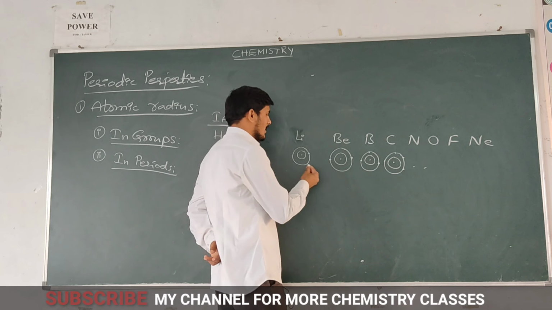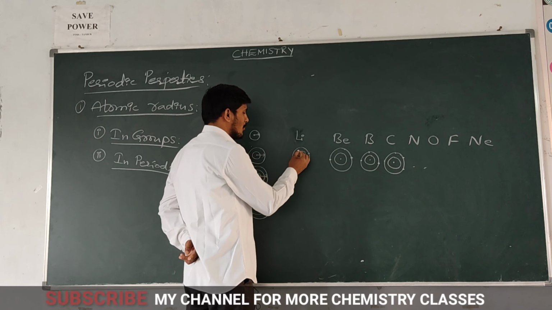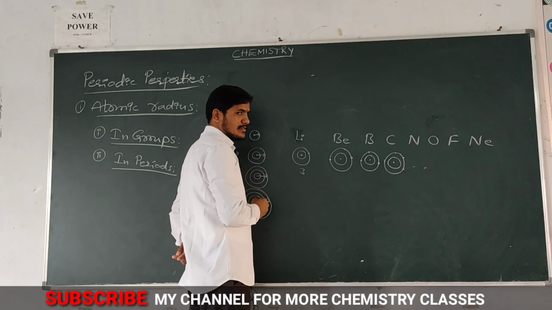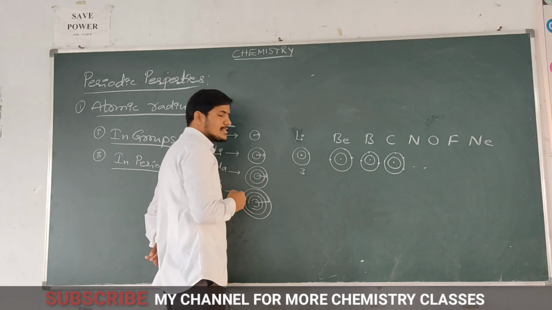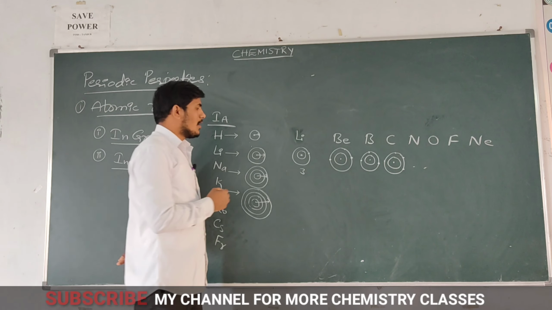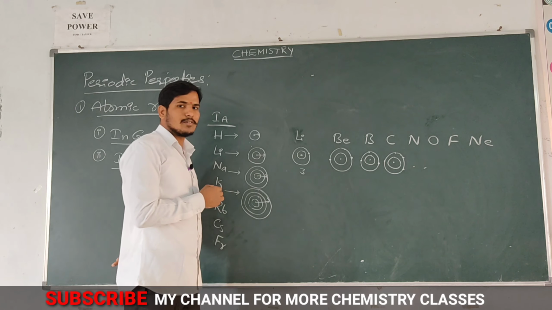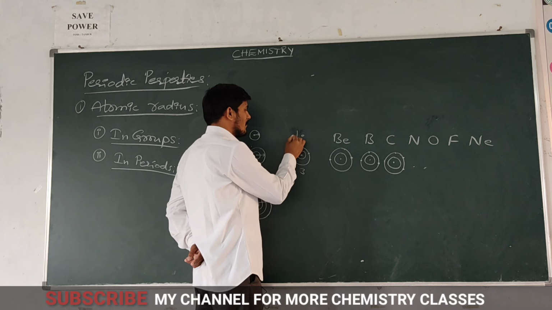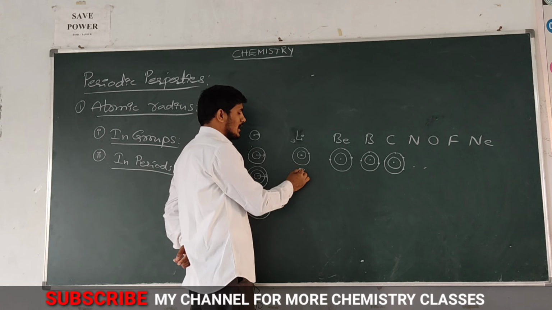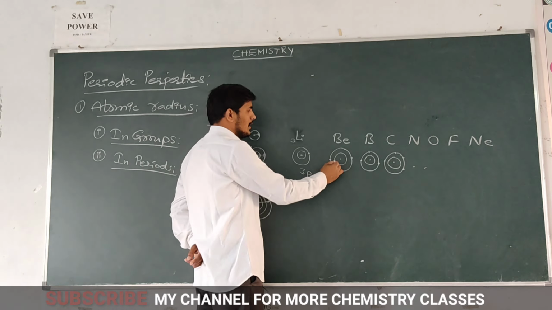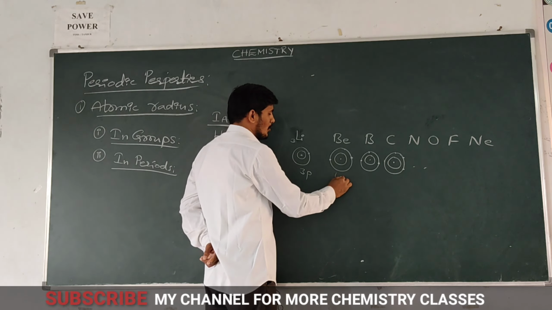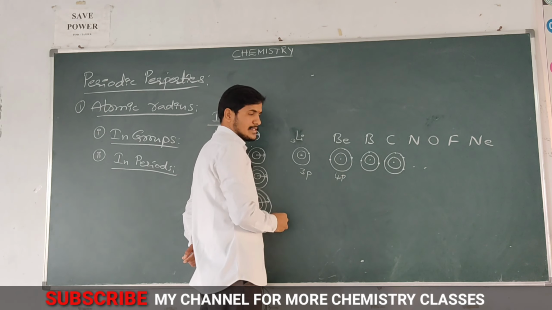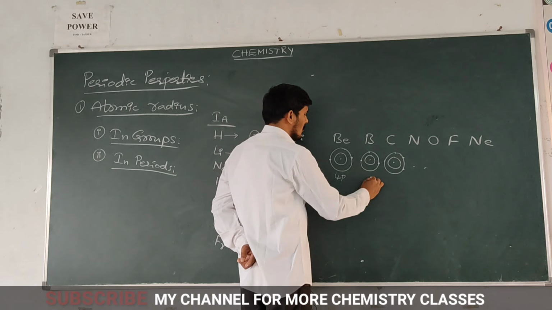Lithium has how many protons? Only 3 protons. The atomic number is always equal to the number of protons and electrons, so the atomic number of lithium is 3. Beryllium has 4 protons in its nucleus, boron has 5 protons.